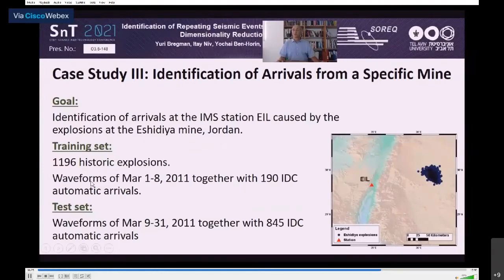We took waveforms as a training set from March 2011 together with 190 IDC automatic arrivals. The test set was about 3 weeks of waveforms together with about 900 IDC automatic arrivals.